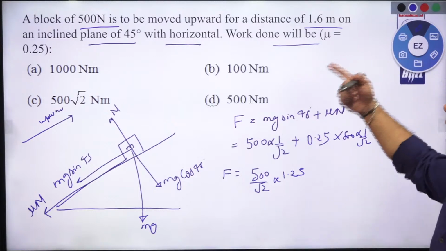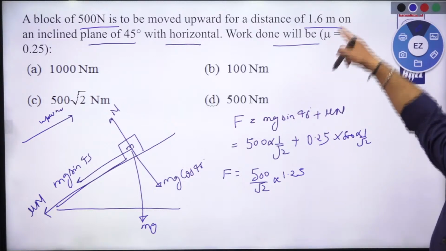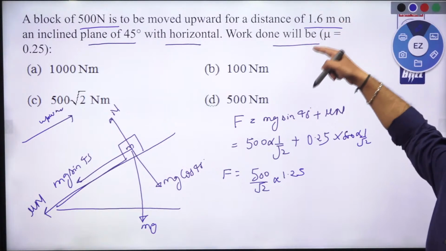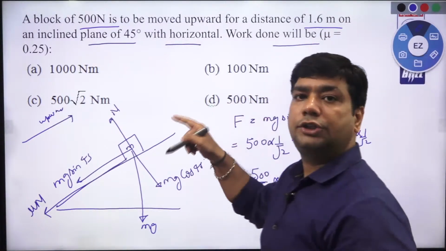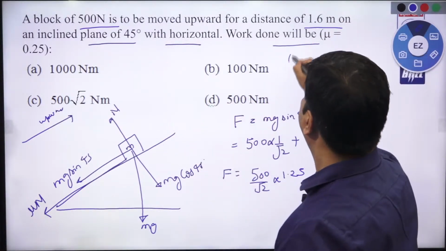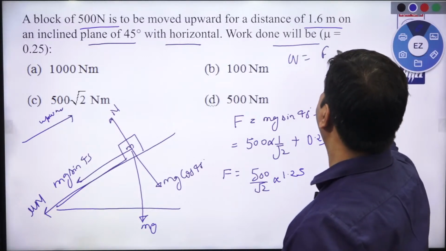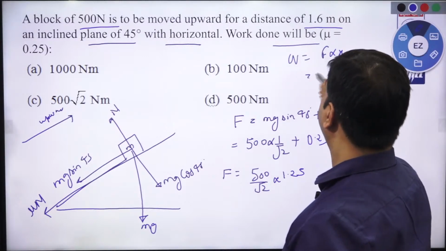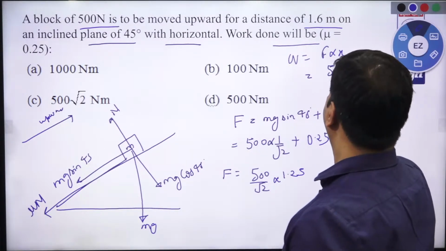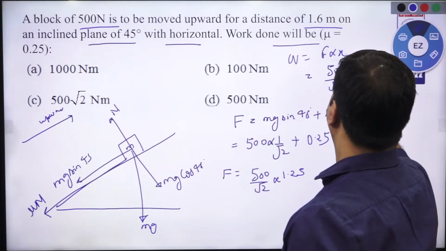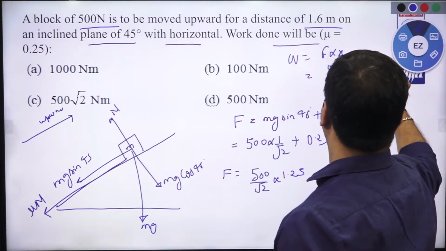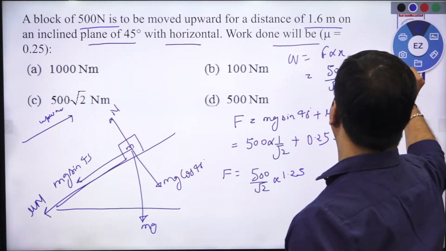It is asking the work done to move an object for 1.6 meter. So we can directly write W equals F dot d, or F into x. So from here, 500 divided by root 2 multiplied by 1.25 into 1.6 meter.